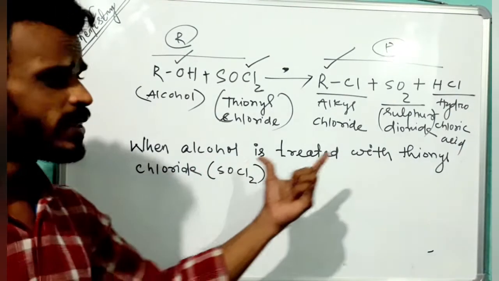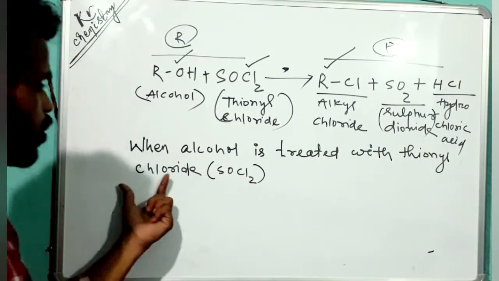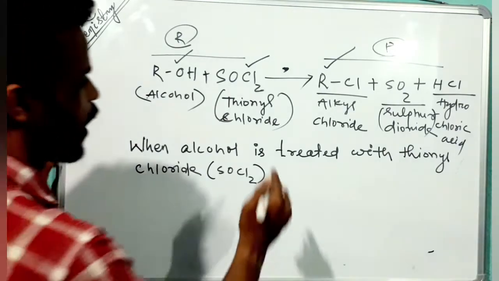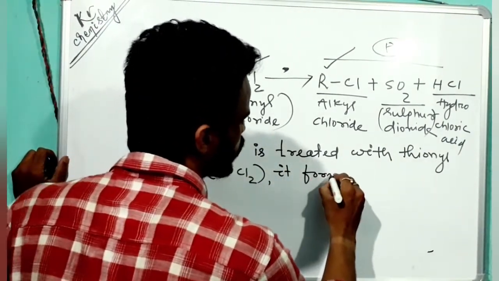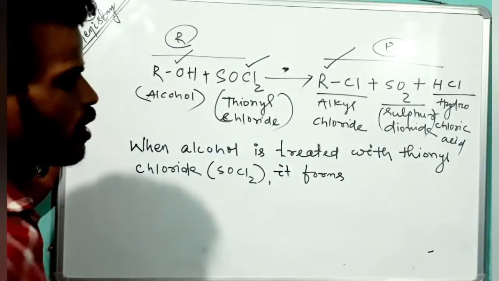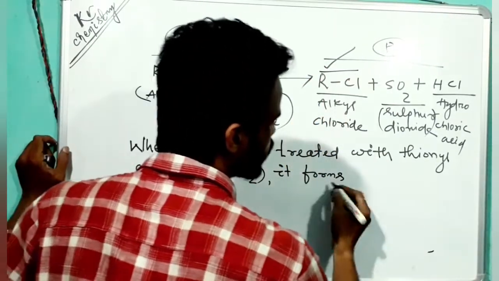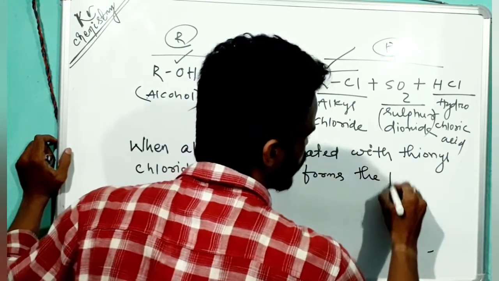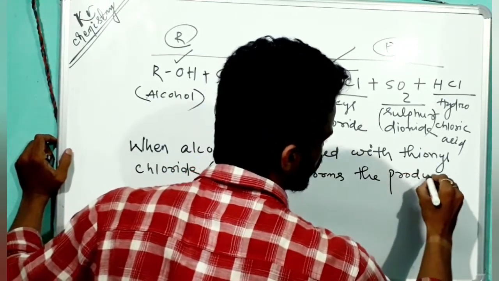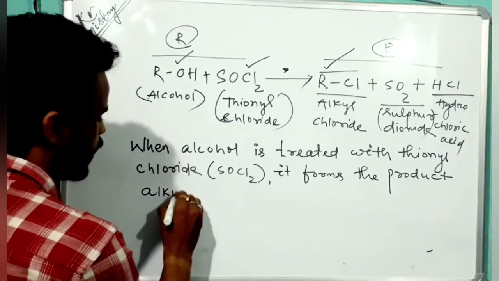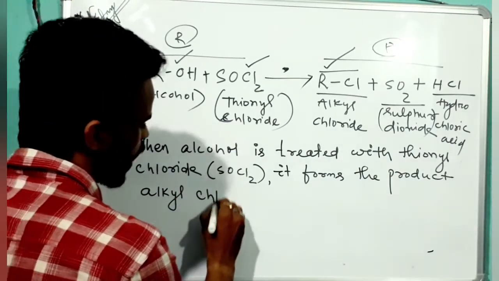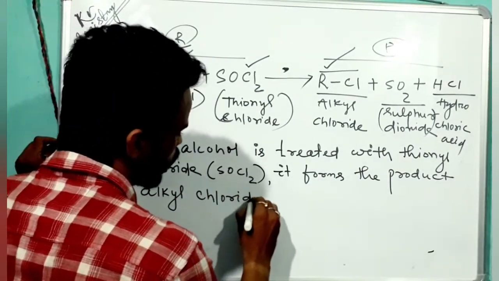When alcohol is treated with thionyl chloride or SOCl2, it forms the product alkyl halide, or alkyl chloride.